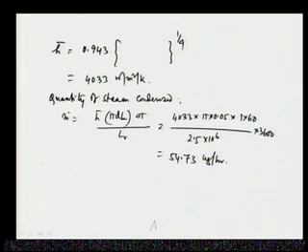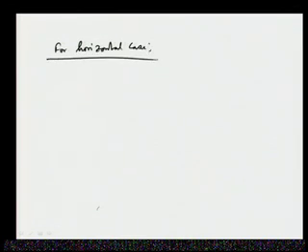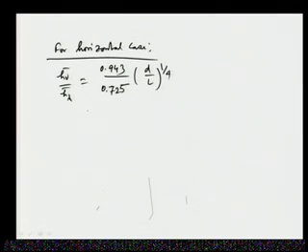Okay. And for the horizontal case, that means if the tube is placed horizontally, then the relationship H vertical by H horizontal, if we put all the things there, is 0.943 by 0.725, and then we will have d by L whole to the power 1 by 4, and this happens to be equal to 0.615.